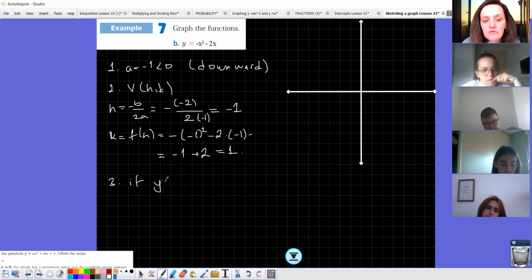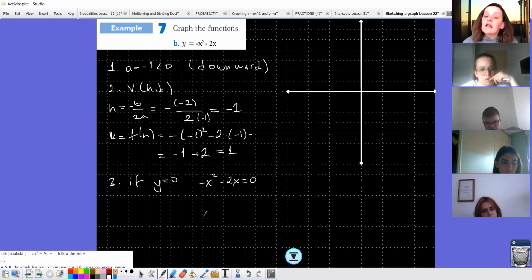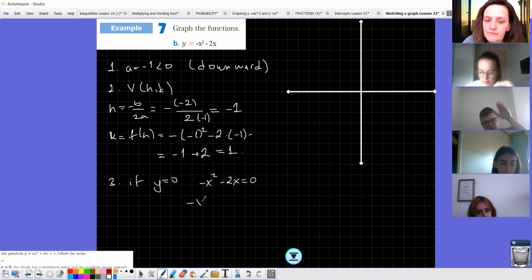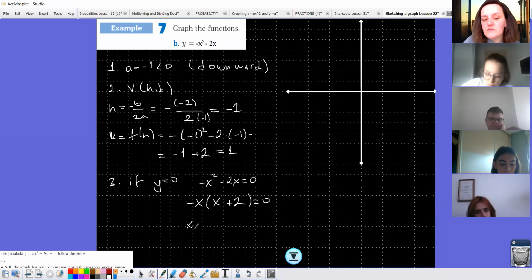If y is equal to 0, we'll have minus x squared minus 2x is equal to 0. How will we solve it? We take minus x out in parentheses: minus x times (x plus 2) equals 0. x1 will be 0 and x2 will be minus 2.